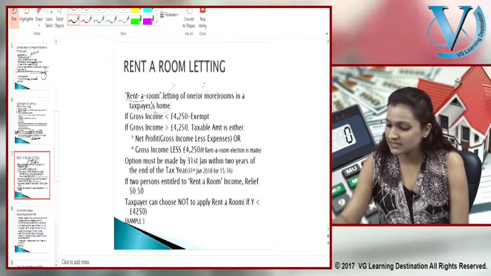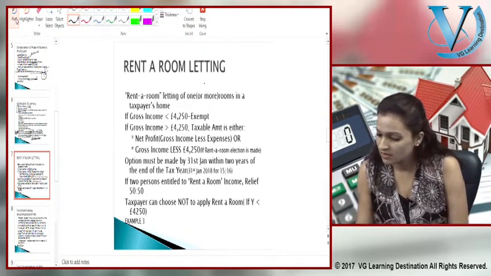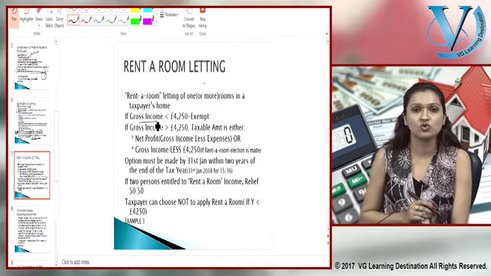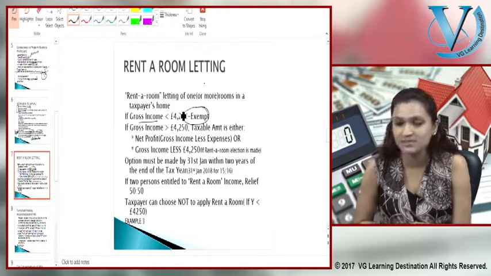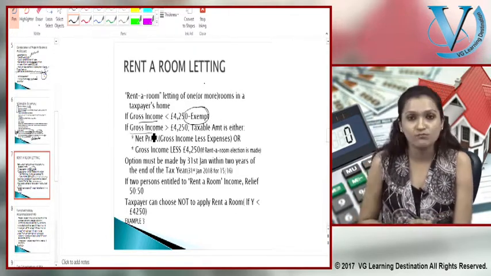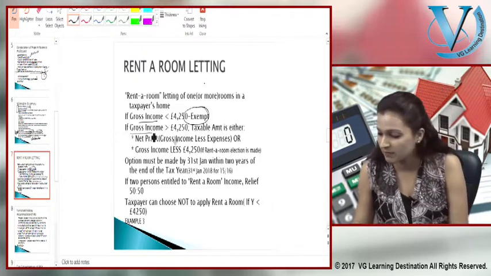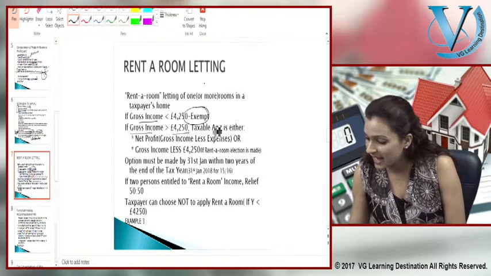The rule states that if your gross income is less than 4,250 pounds, the entire income becomes exempt. However, if your gross income is more than 4,250, the excess amount gets taxable.